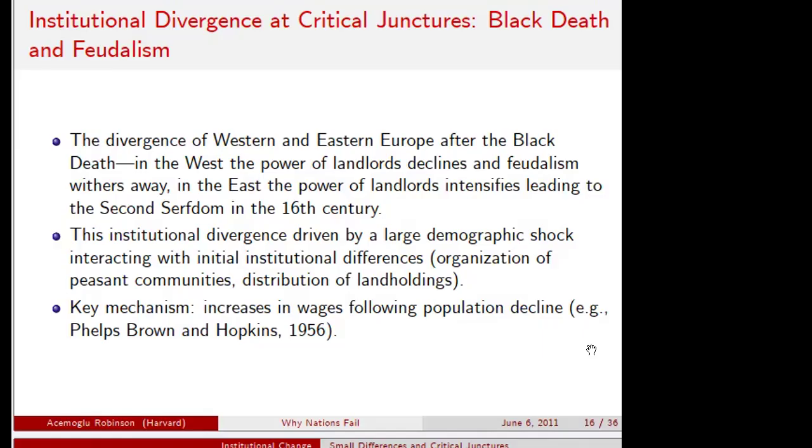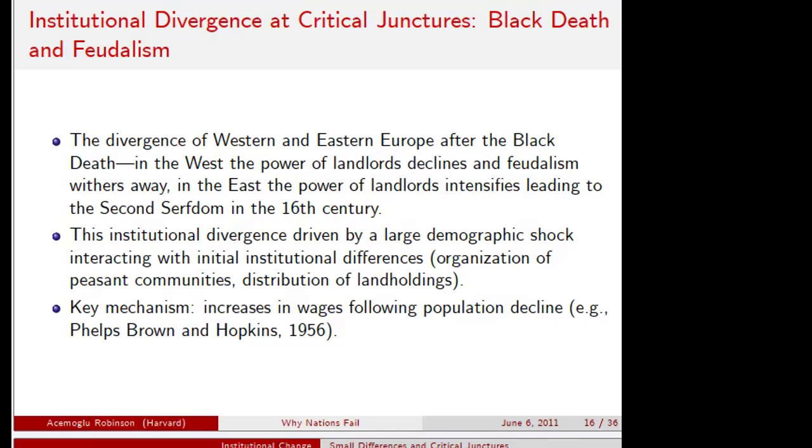And not only that, the economic context was very different as well. Because in Eastern Europe, agriculture was oriented towards exporting grain to the West, which gave landlords commercial incentives to attract even more labor rather than having less labor.